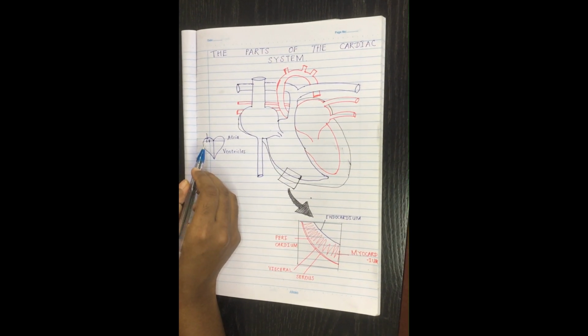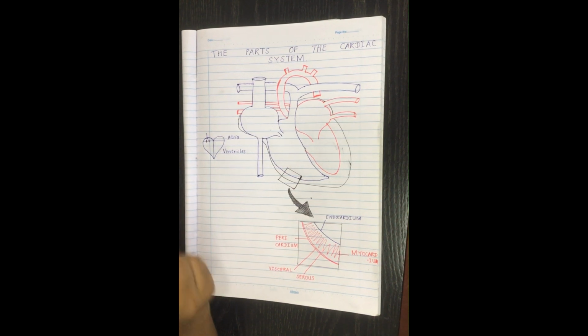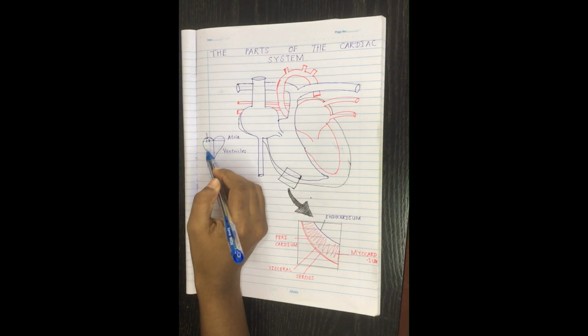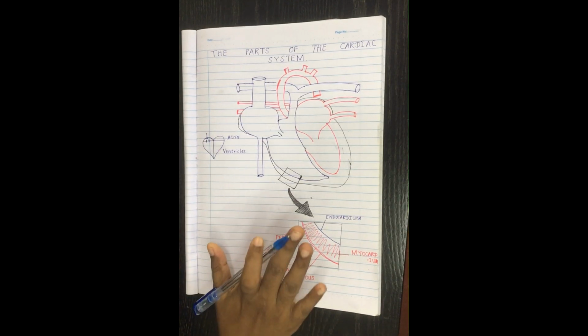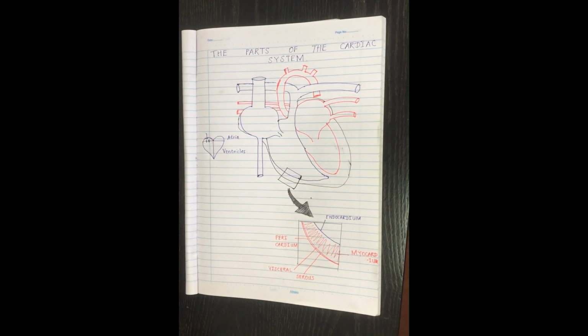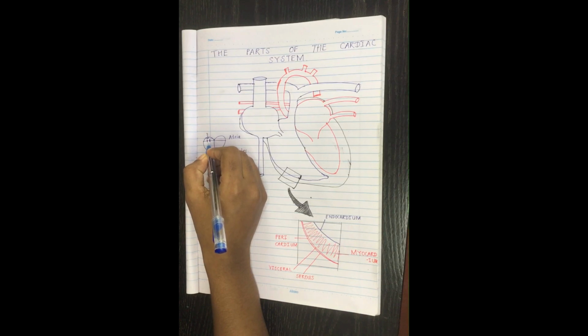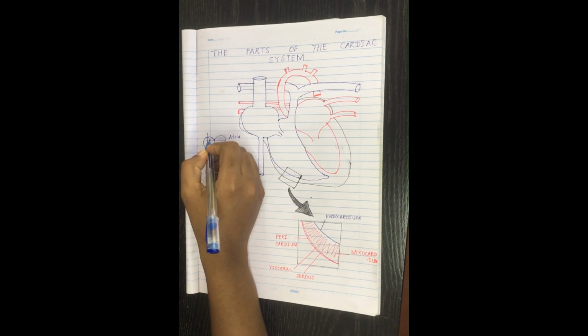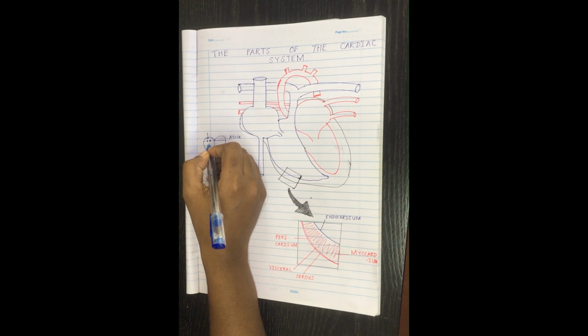Blood enters the right atrium and flows through this valve. This is called the tricuspid valve. You have to remember this: valves don't allow the blood to come back. This is a one-way path. You should remember that all the time. Valves never accept the return. So it enters the ventricle with the help of the tricuspid valve.